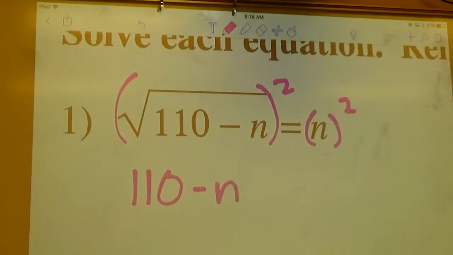Now, if it's just an n, if it's just a variable, you don't have to FOIL it. If it's just a variable, you get n squared. It's a little nicer.